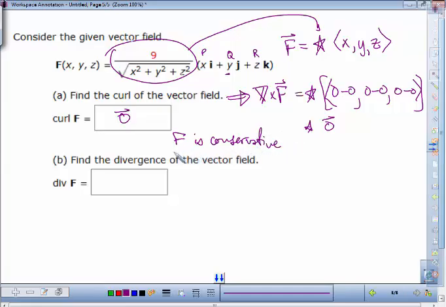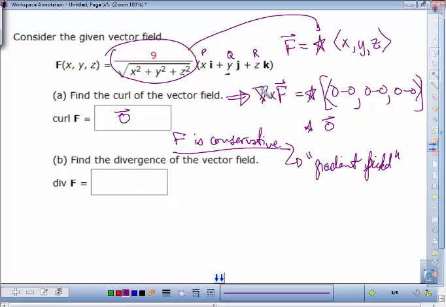Which means, if it's conservative, what is it from yesterday? Yeah, so if it's conservative, it's a gradient field. All right, so this one turns out to be 0.